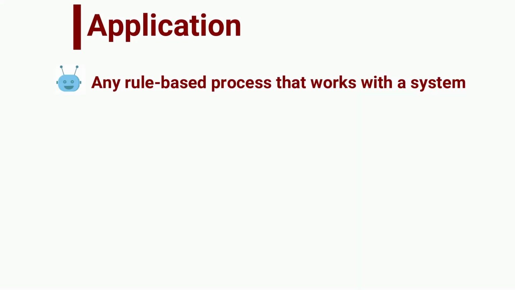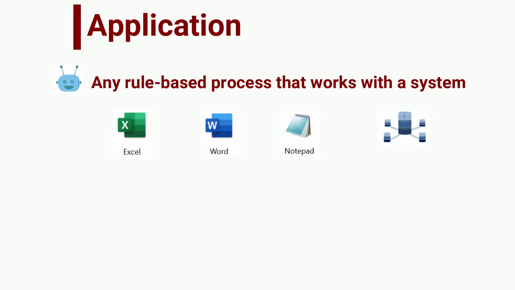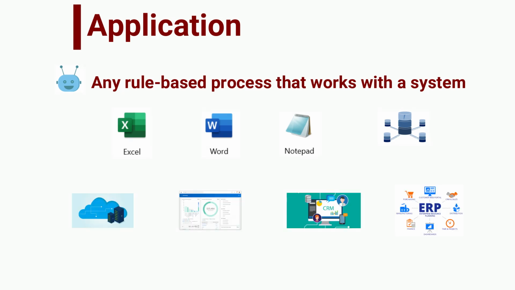RPA can be used in any rule-based process that uses a system. A system in this case can range from MS Office tools, Notepad, legacy systems, to sophisticated systems such as ERP, CRM, and core banking systems.